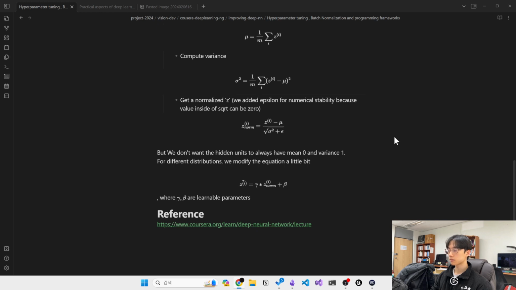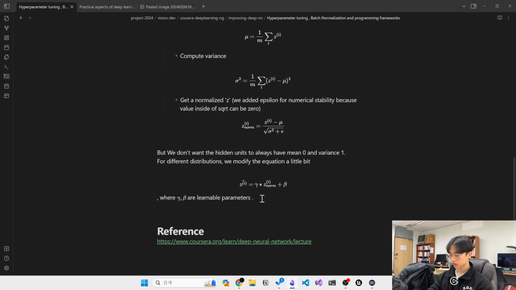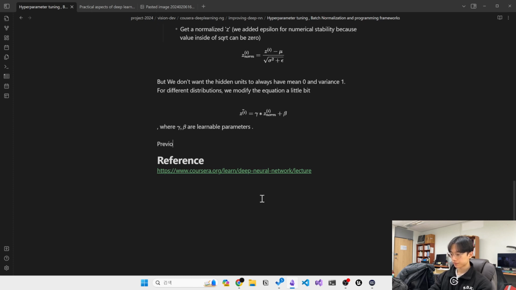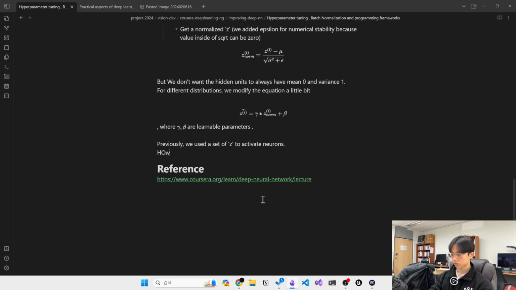And so the way you fit this into your neural network is, whereas previously you were using these values z1, z2, and so on, you would now use z tilde i instead of z_i for the later computations in your neural network.